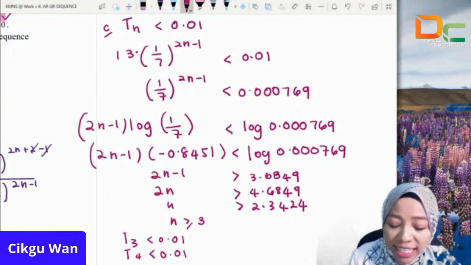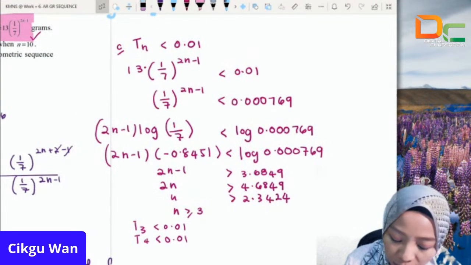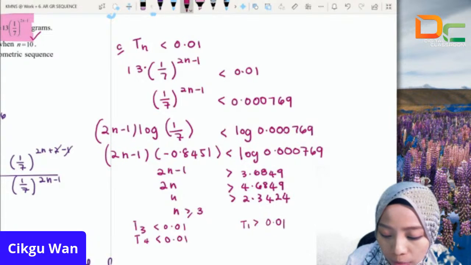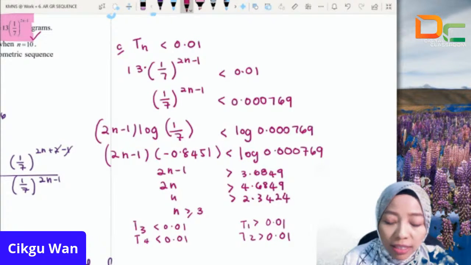Nilai yang sangat kecil. Kalau you tak percaya boleh masukkan. Betul tak? You boleh check T1 mesti dapat lebih besar daripada 0.01. Dan T2 pun akan dapat lebih besar daripada 0.01. This is what the equation means lah.